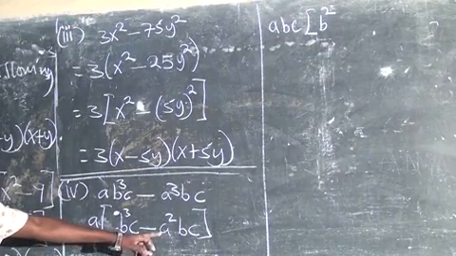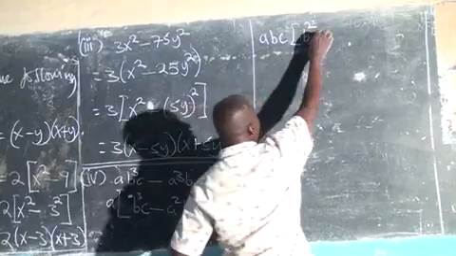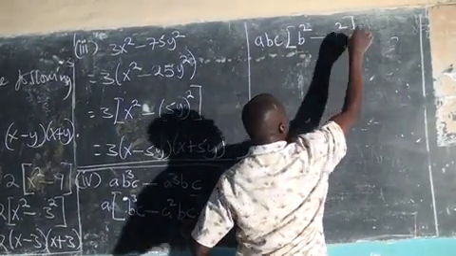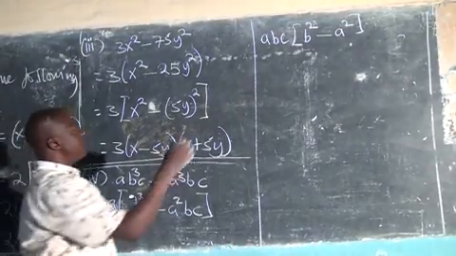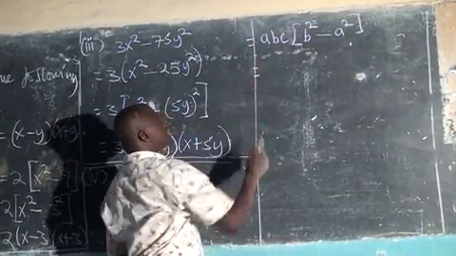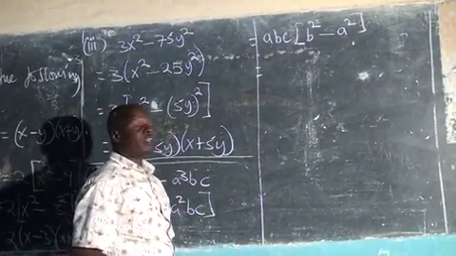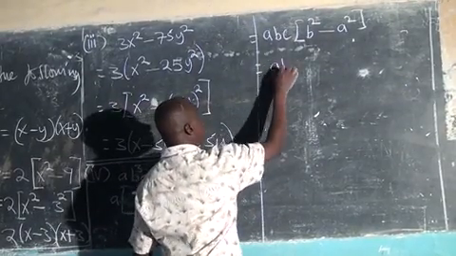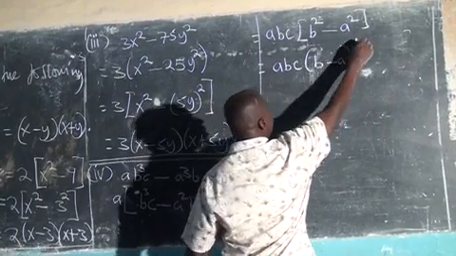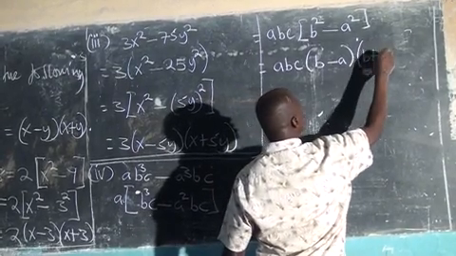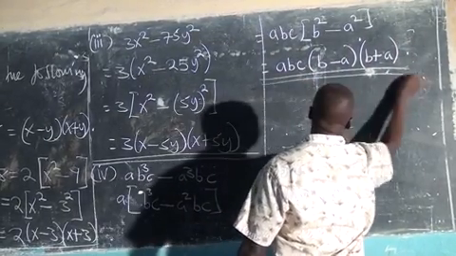Here, we are dividing by bc, and we have minus a squared. But that one cannot be the final answer. Allow me to apply the difference of two squares. This is abc into (b minus a), then (b plus a). So this is our final answer.